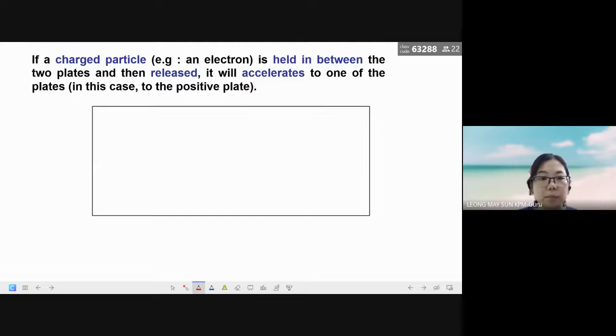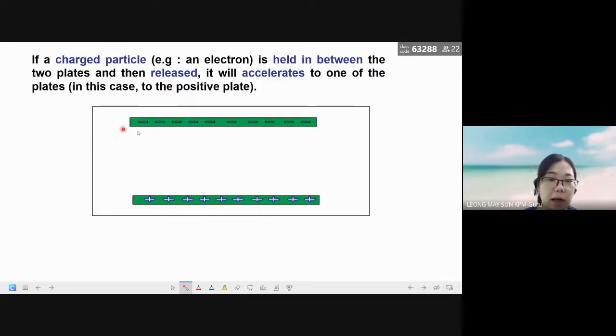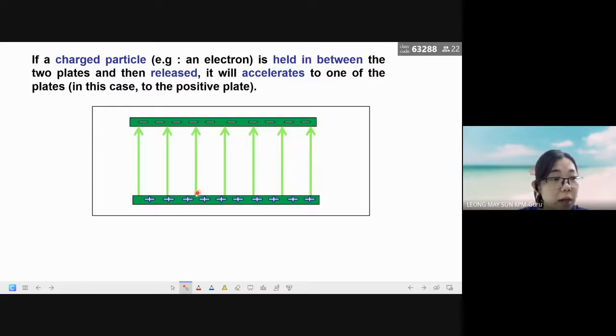Okay. So, two charged plates. This is a little bit out of the current topic, because later on in the next few subtopics we will see this again, so I decided to put this in. If I have two parallel plates, one positively charged at the bottom, one negatively charged at the top, there will be electric field lines moving from the positive plate towards the negative plate.